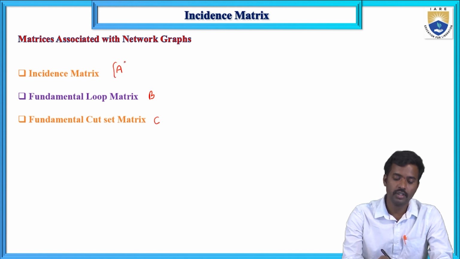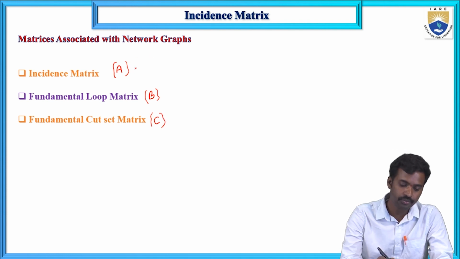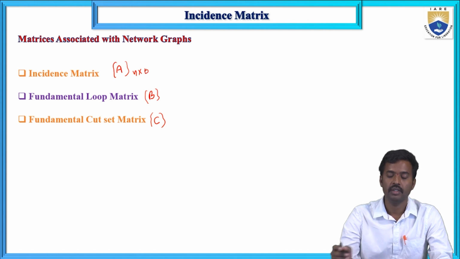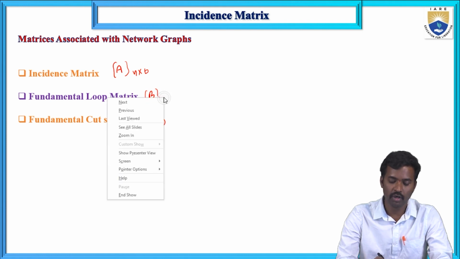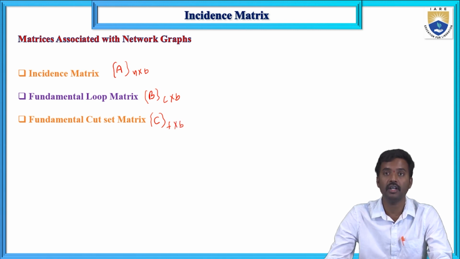Now here it is in the form of a matrix. The incidence matrix size means number of nodes in a graph cross number of branches in a graph, and the fundamental loop matrix size is number of loops in a graph, L1 to Ln, cross number of branches, and for the cut set matrix, number of cut sets cross number of branches in the graph.